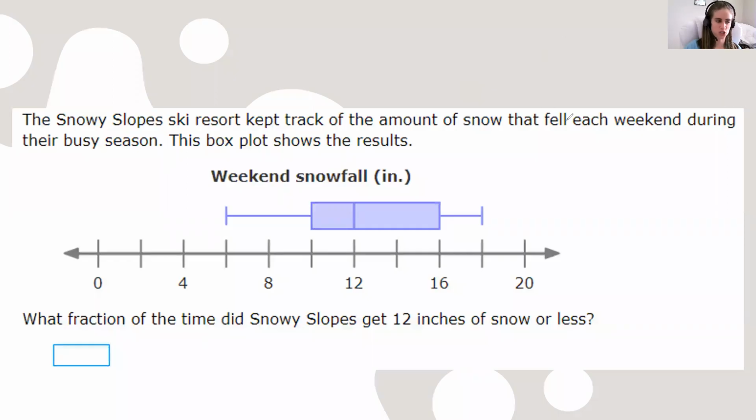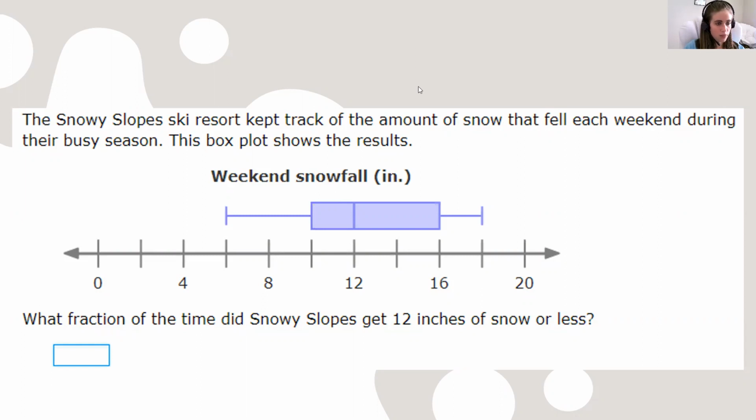All right, last question. The Snowy Slope Ski Resort kept track of the amount of snow that fell each weekend during their busy season. This box plot shows the results. What fraction of the time did Snowy Slopes get 12 inches of snow or less?